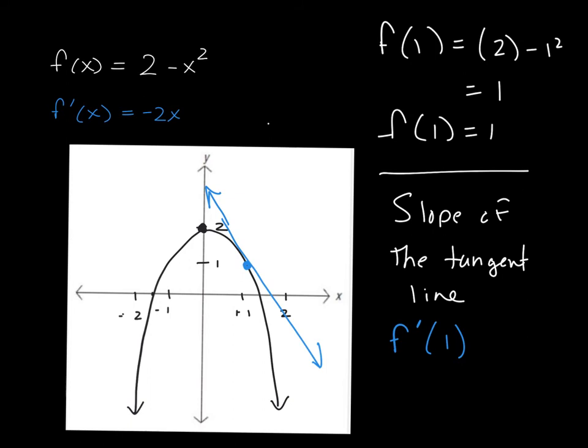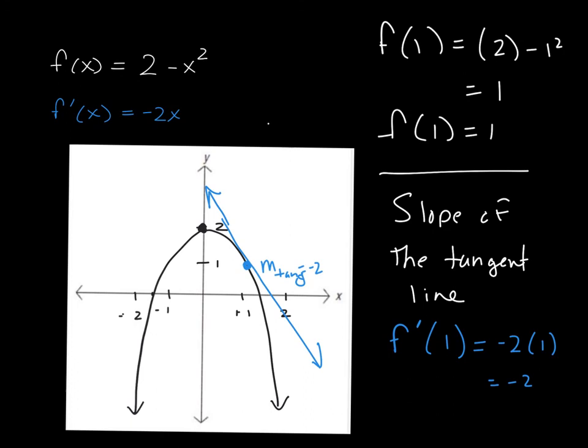So I plug that into negative 2x, and now I'm left with negative 2 times 1, or negative 2, and that is the slope of the tangent line, equal to negative 2.